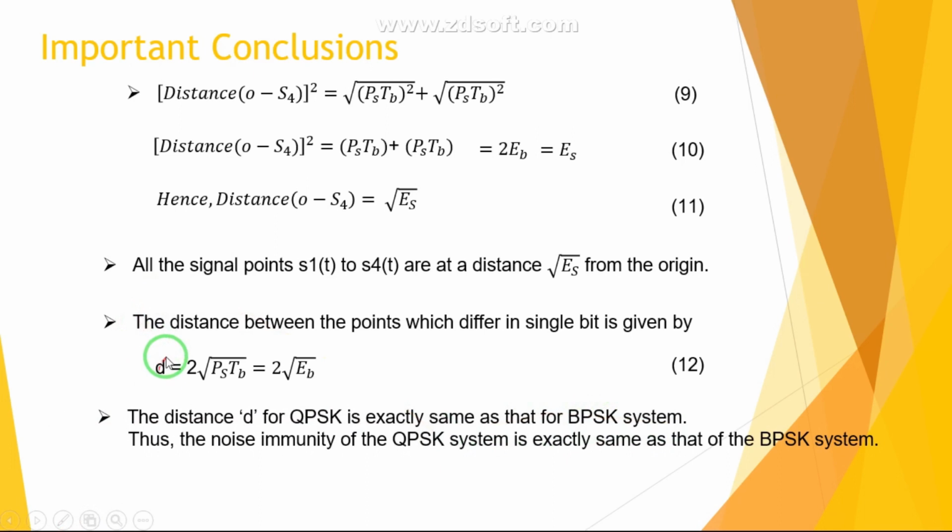This distance D is nothing but your Euclidean distance, which is the same, and hence the noise immunity of the QPSK system is exactly the same as that of your BPSK system. So while explaining the signal space diagram or representation of your QPSK, you can write these conclusions.